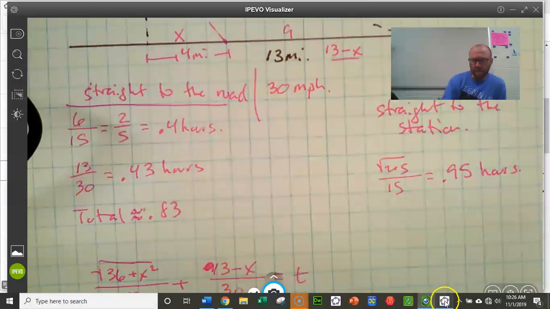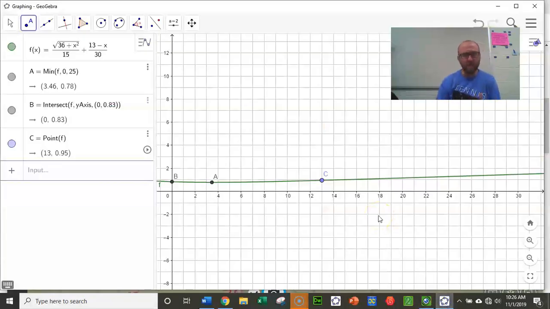Then, and this is super complicated, and I didn't even feel like doing it by hand, to find the minimum value of this function, I just let the algebra system do it for us. It's right here at 3.46.